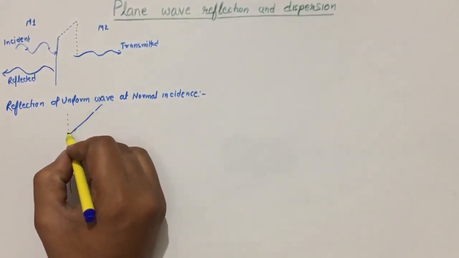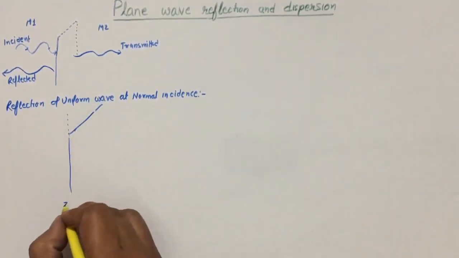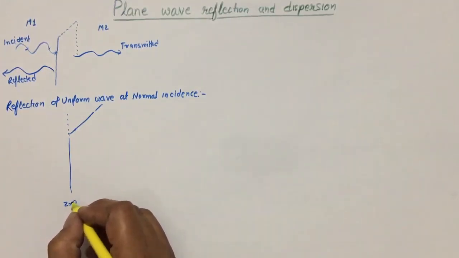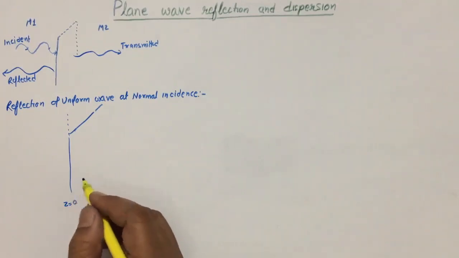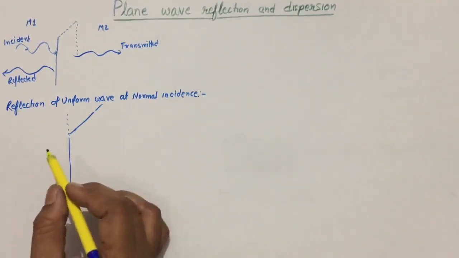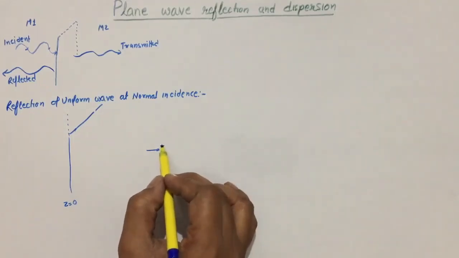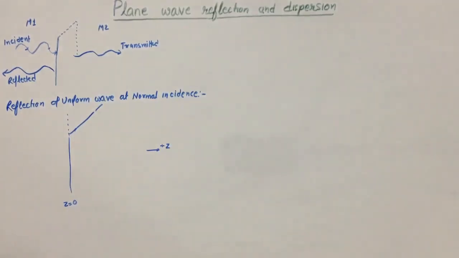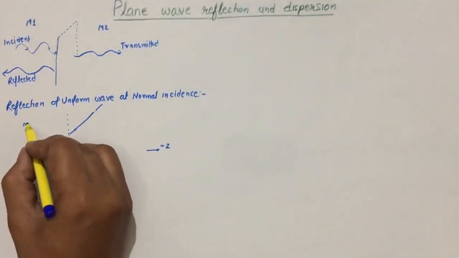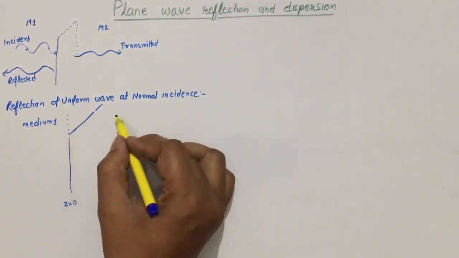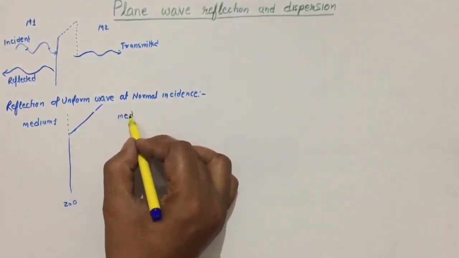It is considered, for simplicity, in the xy plane, that is z is equal to 0, and the wave is propagating in the positive z direction, the propagation direction of the wave, and this is considered as medium 1, this is considered as medium 2.